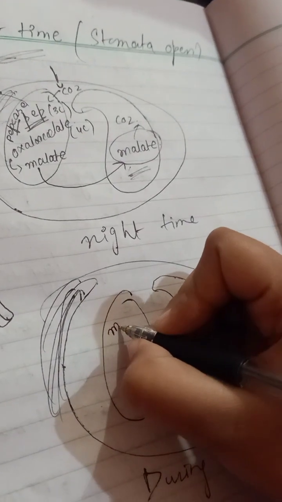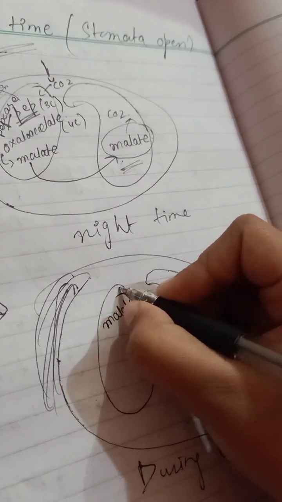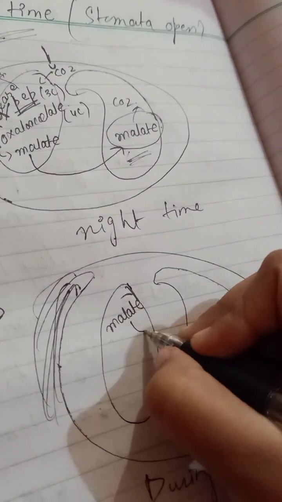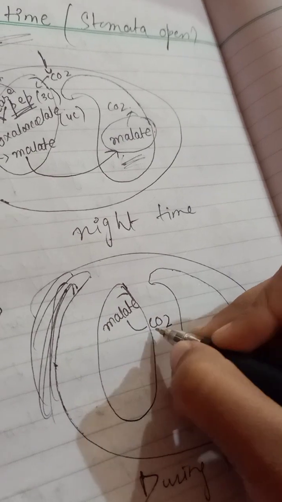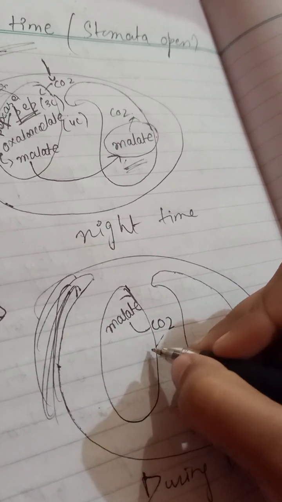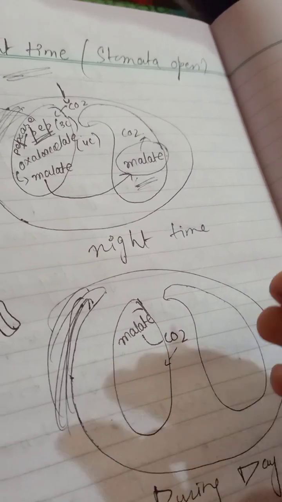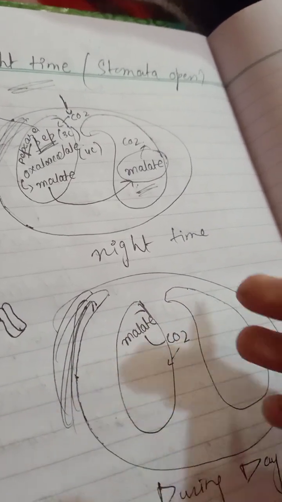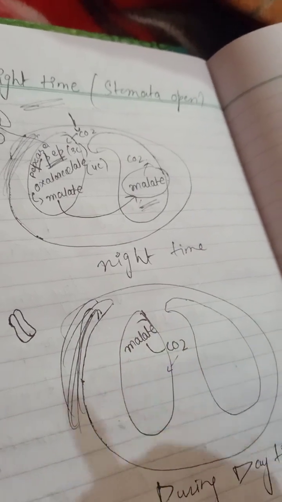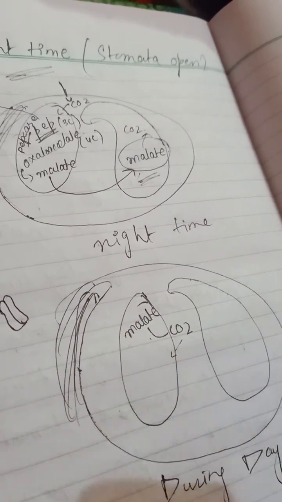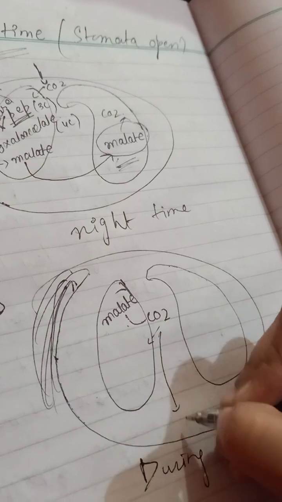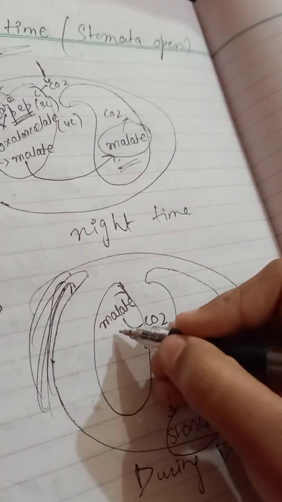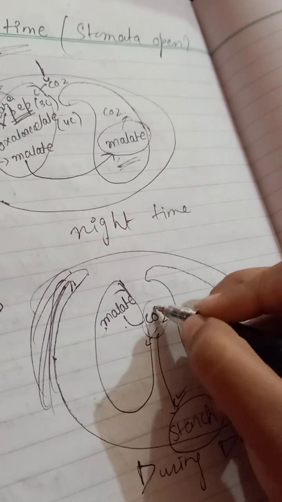Malate will come into the chloroplast, and carbon dioxide will be released through decarboxylation. Rubisco, as you all know, is the enzyme which fixes the carbon dioxide with the help of the Calvin cycle, and through the Calvin cycle starch or the glucose molecule will be produced.